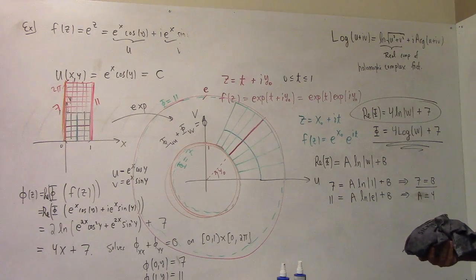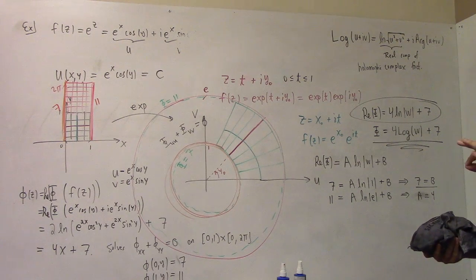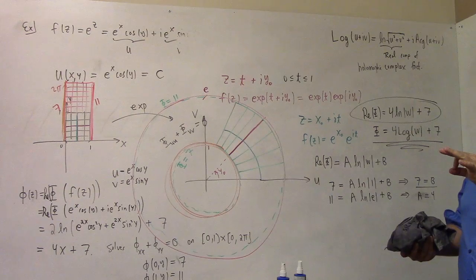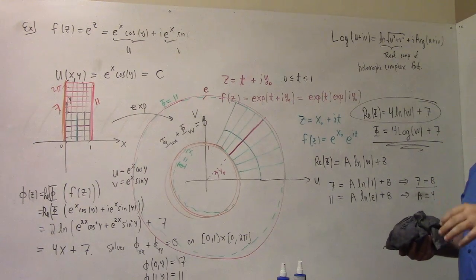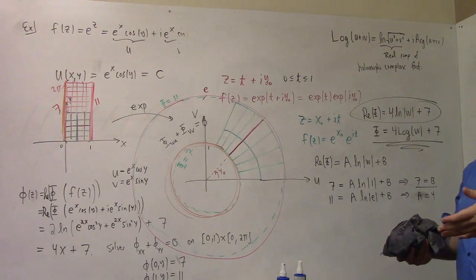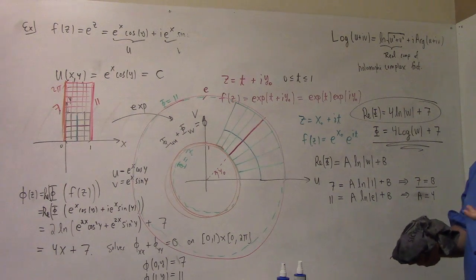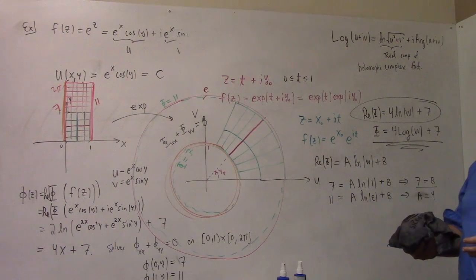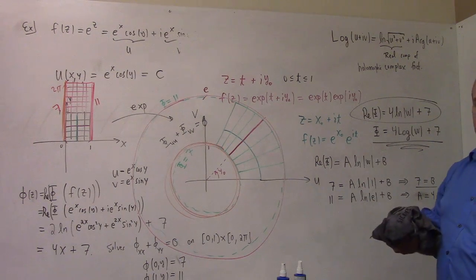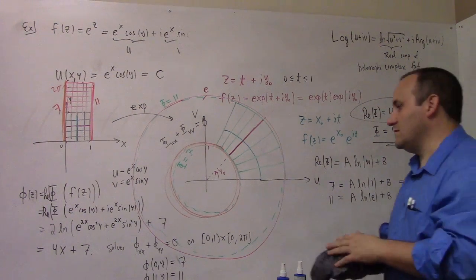The key is that if big phi is complex differentiable, and I compose it with another complex differentiable function, the composite is complex differentiable, and consequently that composite gives me a solution.